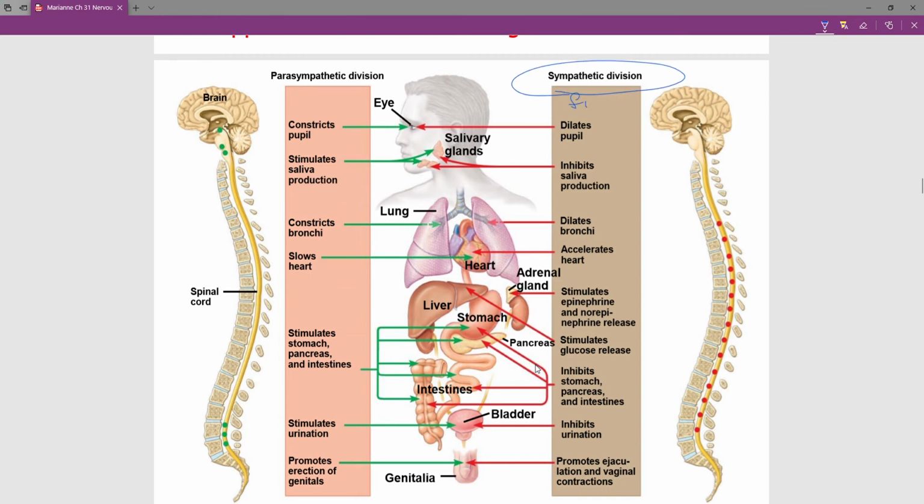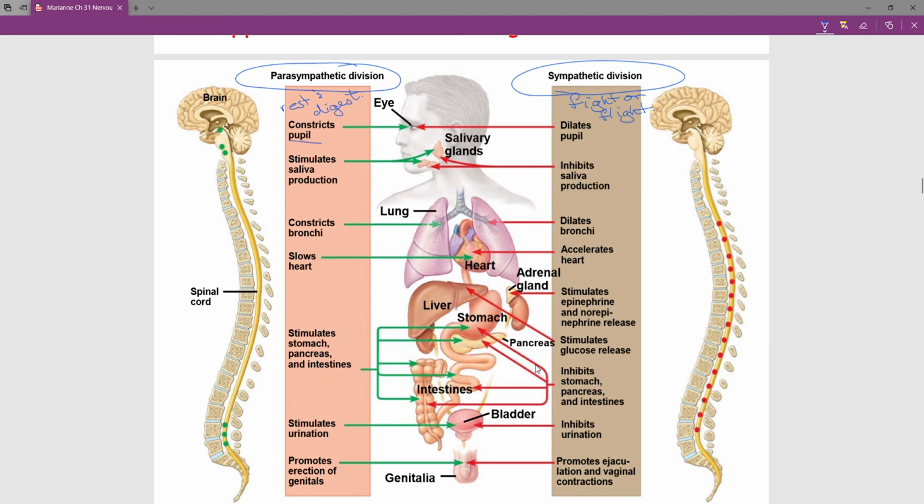It might be easiest to see in this diagram, where we have the sympathetic, the fight or flight, or the rest and digest, where the actions here are opposing. So in the rest and digest, your pupils are going to constrict.